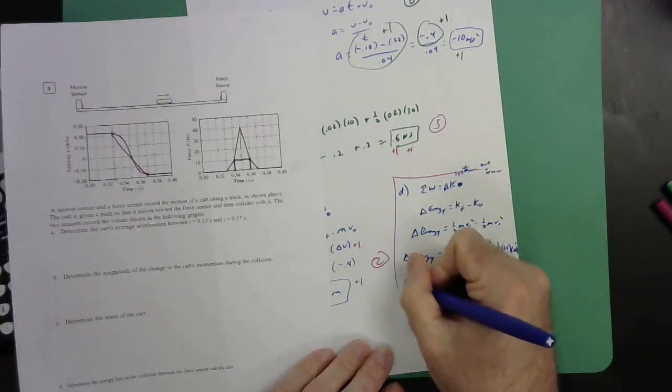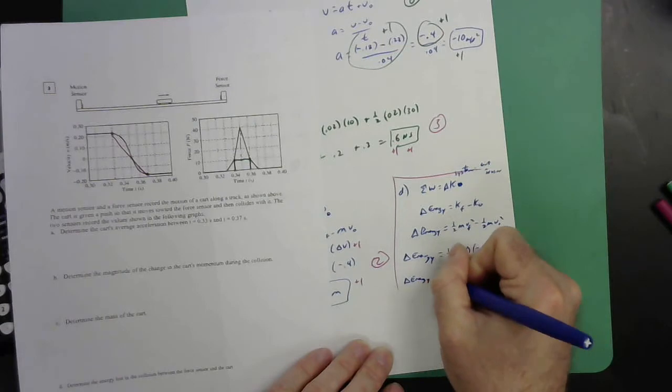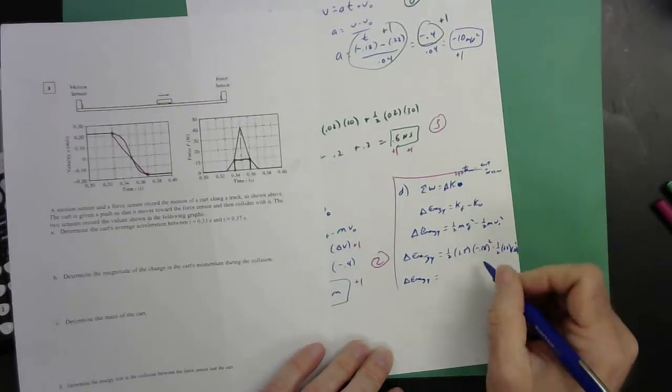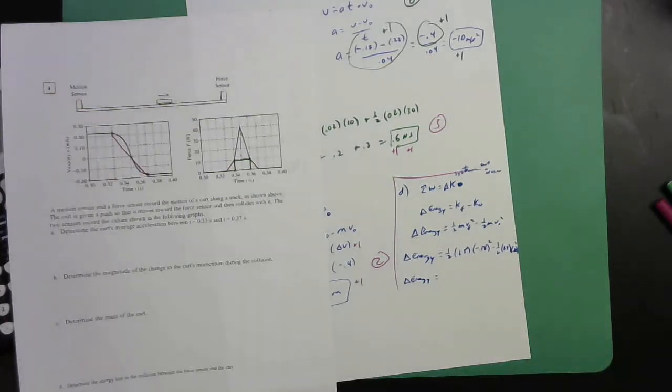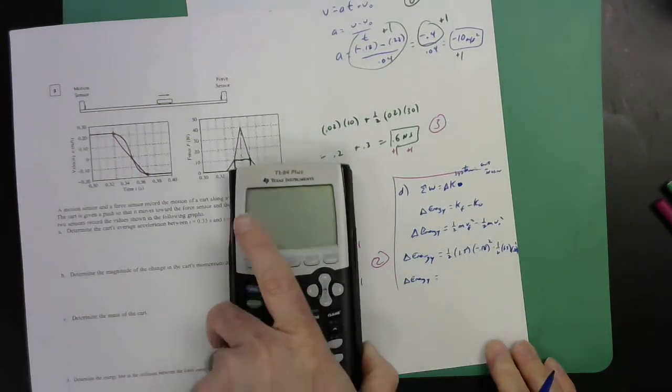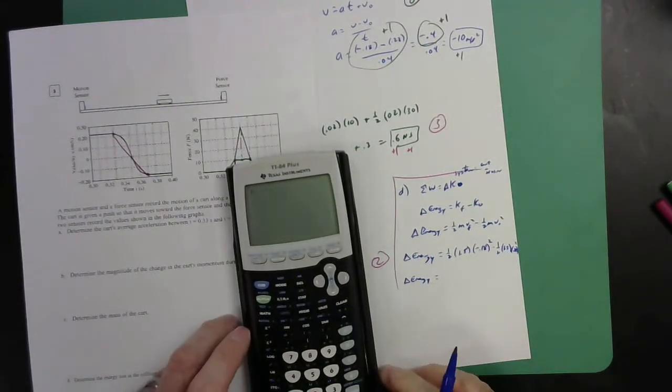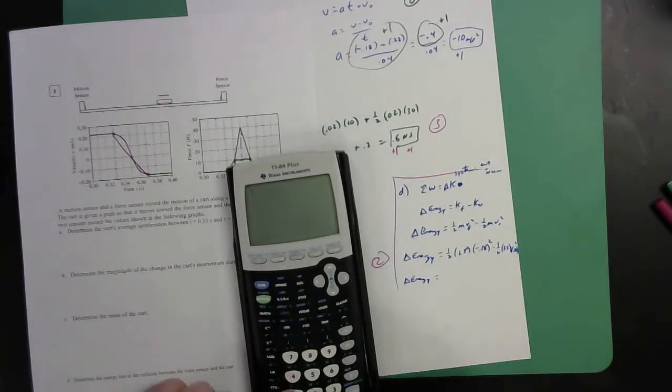So doing this, the energy that left my system went to thermal energy, I should say, and is no longer in kinetic. I'm going to just grab a calculator for that. I'm not going to try to do that in my head. I've been screwing up my mental math today. So I do 0.5 times 1.5 times 0.18 squared. Again, that negative is going to go away when I square it.